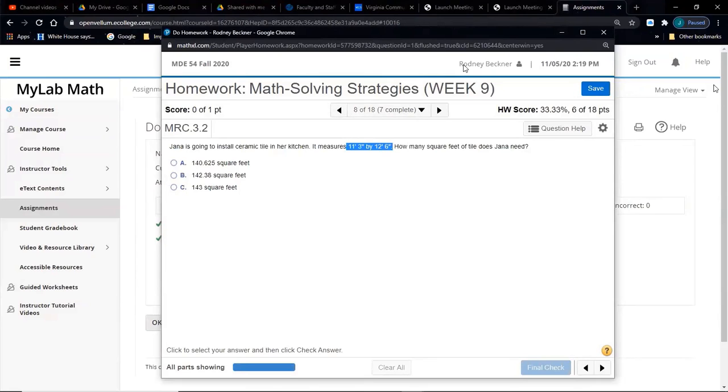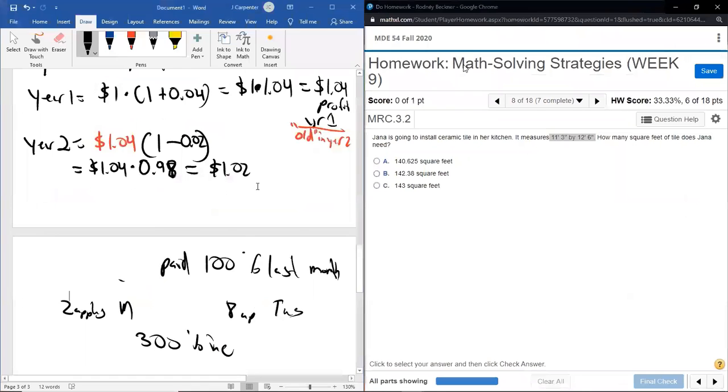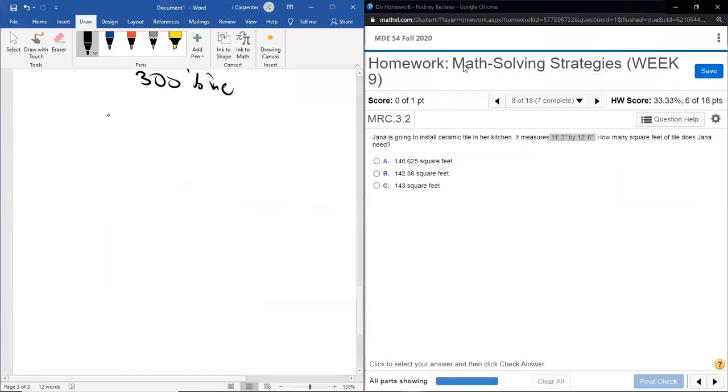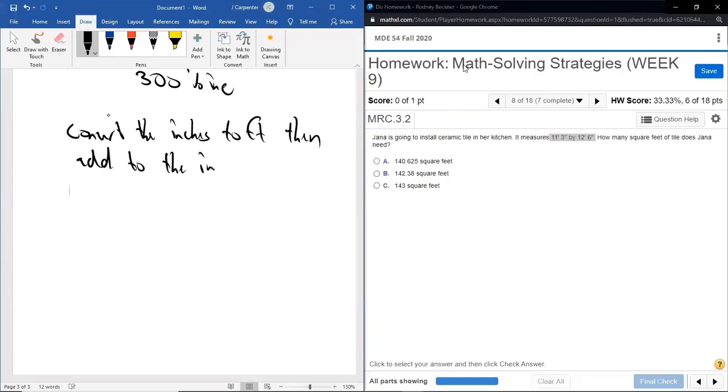So let's go back to this. We need to convert the inches to feet, then add to the initial feet. So for the first one, 11 foot 3, we're focusing on the 3 inches.